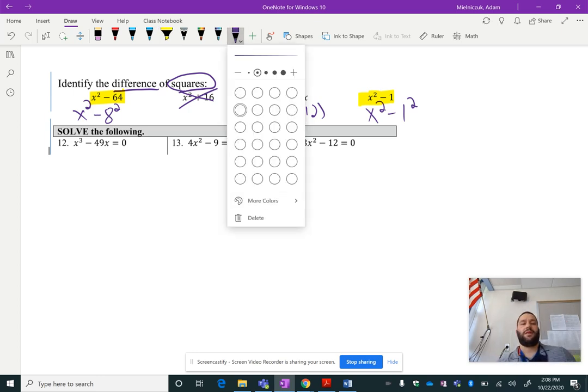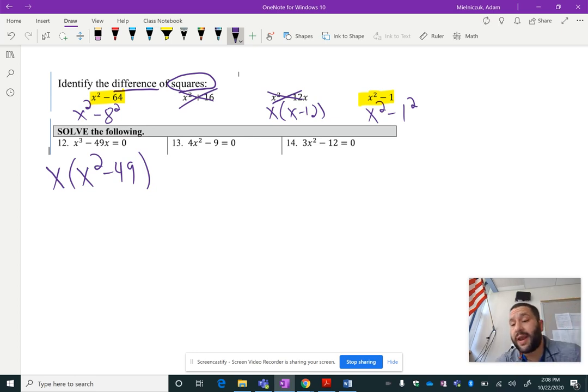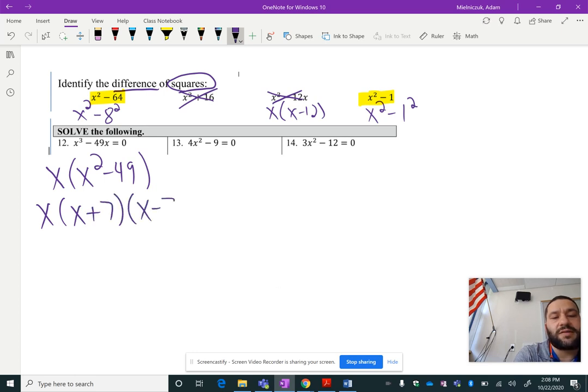All right, now let's do some factoring. Remember, you can't factor a second degree trinomial if it's not a second degree. So in this one, we have an x cubed, so we pull that out first, leaving us with x squared minus 49. Well, what multiplies to negative 49 and adds to 0? You can say that is x plus 7 times x minus 7.